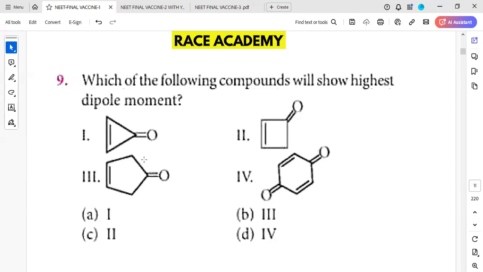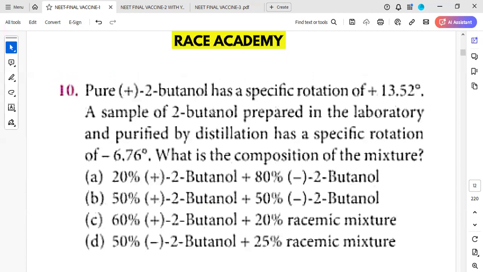A is the answer. Next question: pure 2-butanol has a specific rotation of plus 13.5 degrees. A sample of 2-butanol prepared in the laboratory and purified by distillation has a specific rotation of minus 6.76. What is the composition of the mixture?